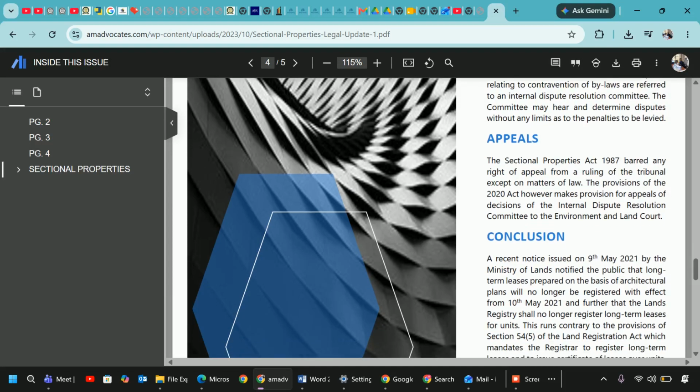And when it comes to appeals, the Sectional Properties Act that was repealed barred any right of appeal from a ruling of the tribunal except on matters of law. Okay. The provisions of the 2020 Act, however, make provisions for appeal of decisions of the Internal Dispute Resolution Committee to the ELC court. That is critical.